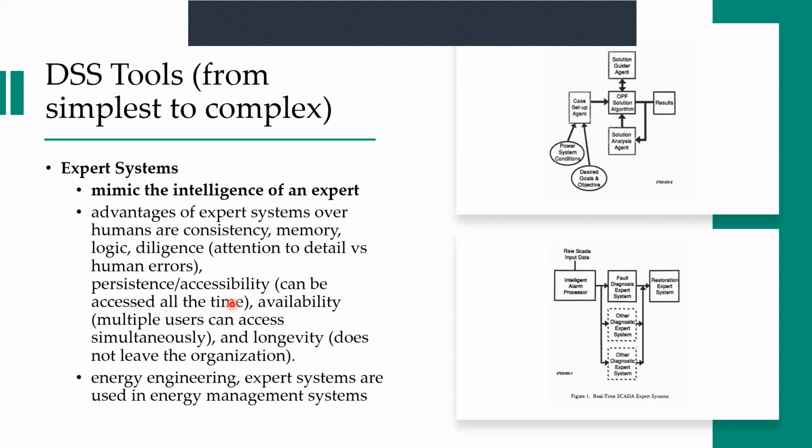Unlike human experts, we cannot call them when it's out of office hours. And multiple users can access the expert system. Unlike with humans, we have to consult them one by one. And an expert system does not leave the organization, does not resign. And in energy engineering, expert systems are used in energy management systems.